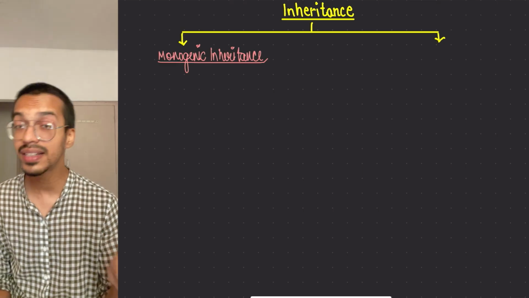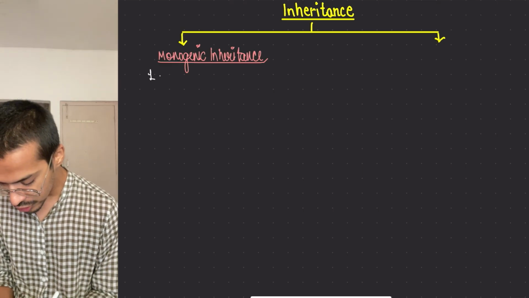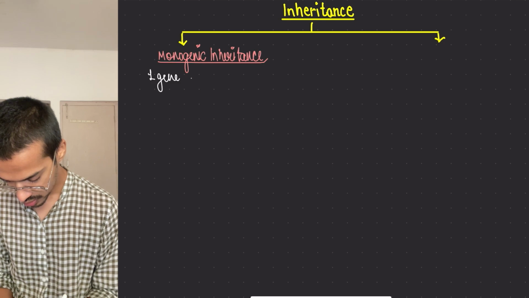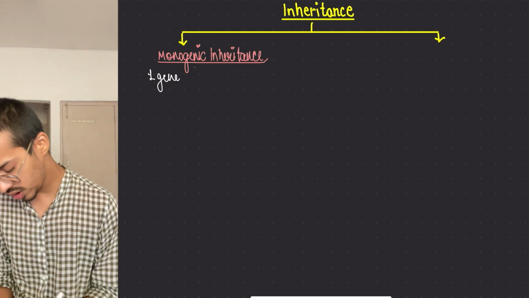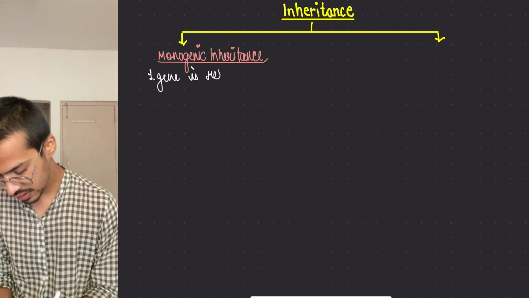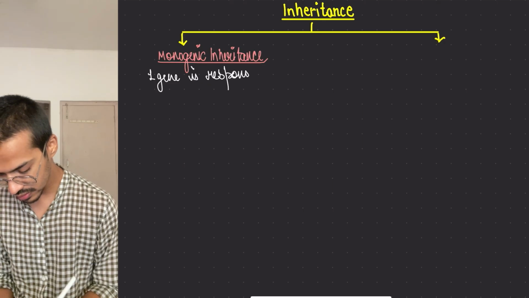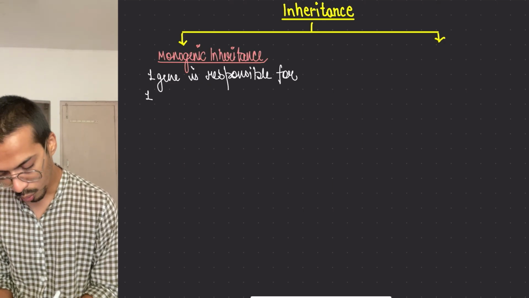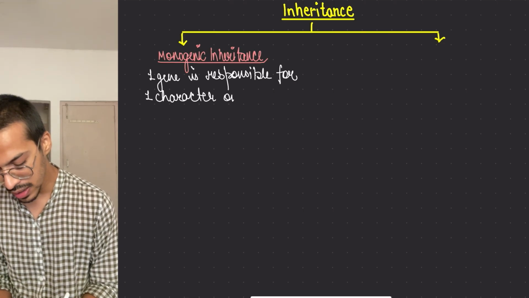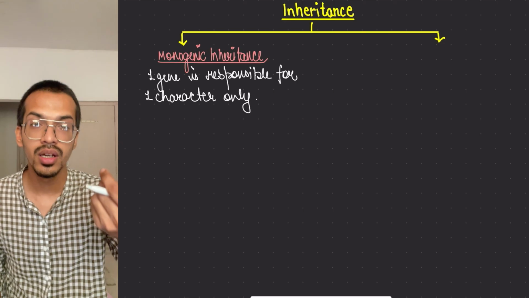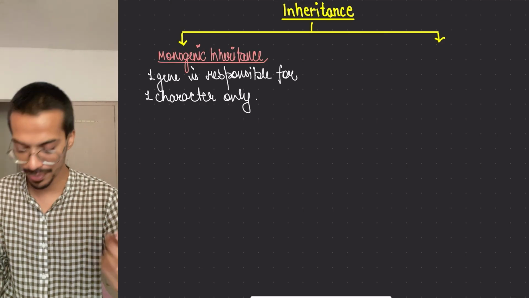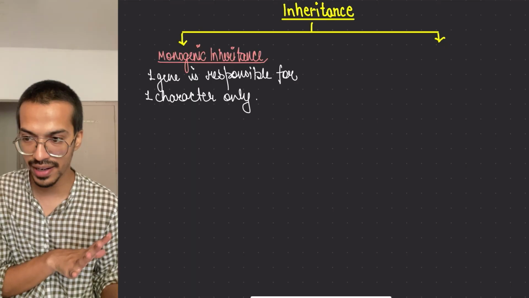If I have to write it down, I will say that one gene is responsible for one character only. For example, there was a gene for stem height, or seed color, seed shape, right? So this is monogenic inheritance.